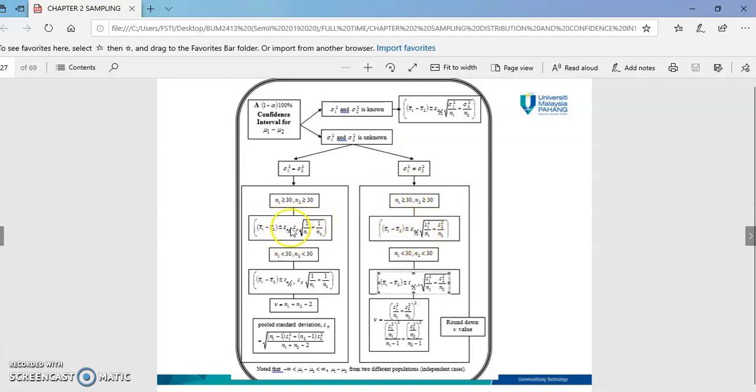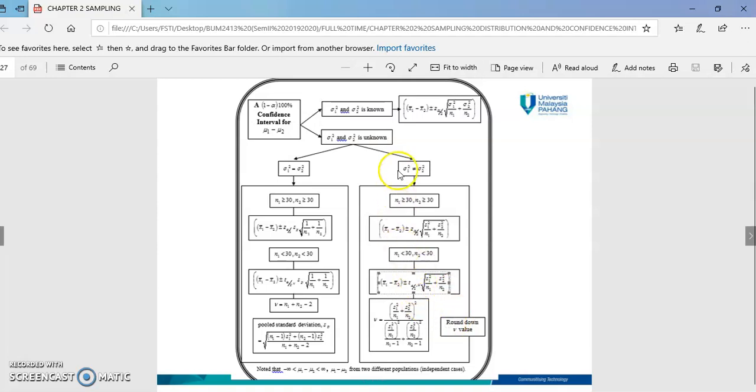Similar to here, whenever you have n greater than 30, it will be the Z distribution. For n less than 30, you will have the T distribution. We have discussed how to get the value of T; it is on page 37 in your statistical table.